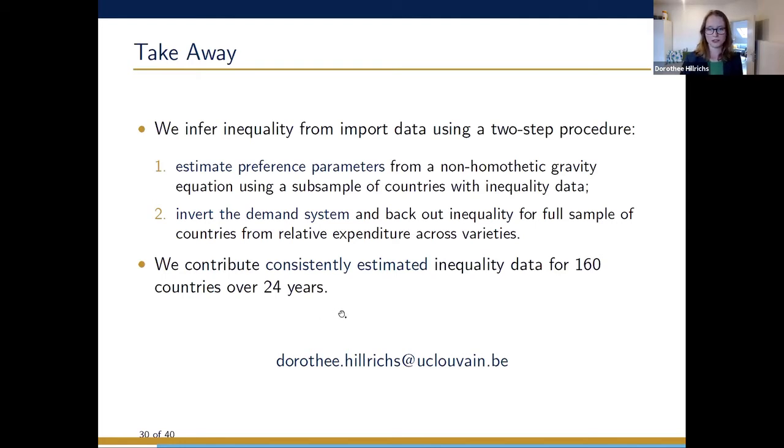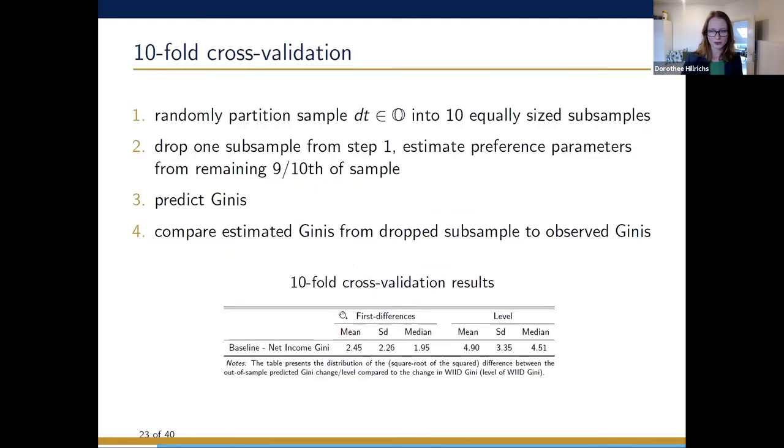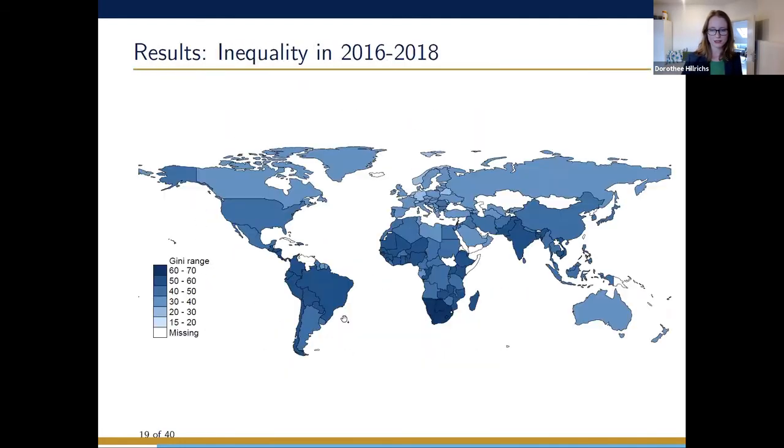But maybe if I go back to the map for the last period. What I find also surprising is that we do have this variation on the African continent. For example, here in the MENA region, it's kind of in the mid-range of inequality.